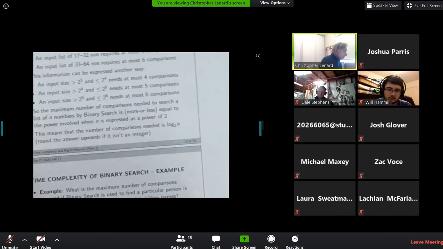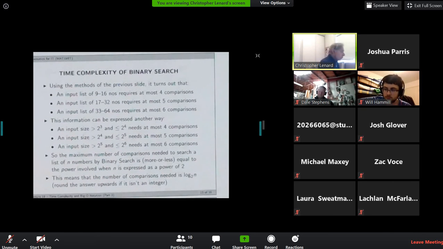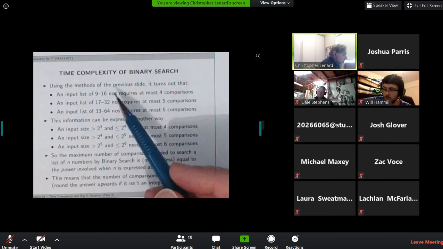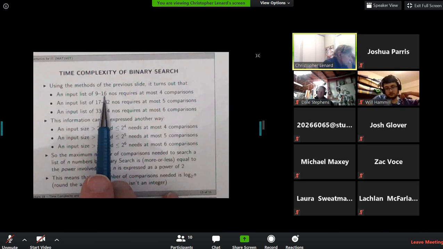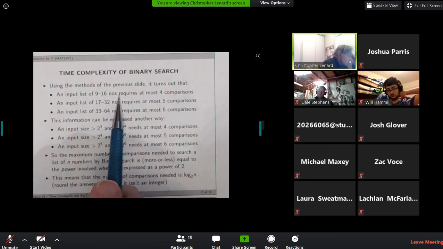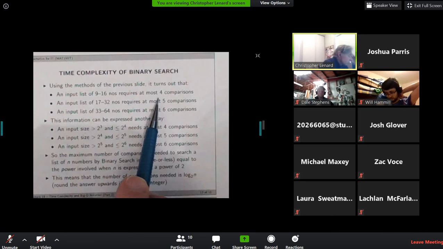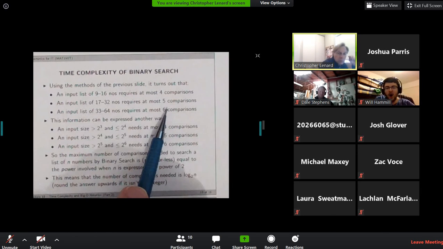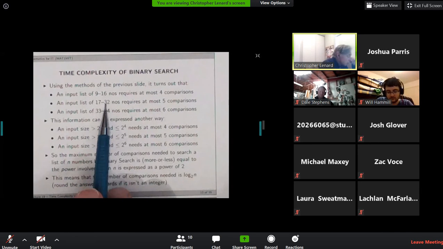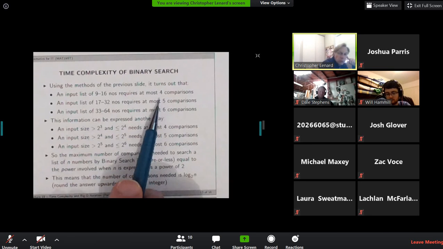Now, I won't go through all the details of it, but you could check this for yourself. If the size of your list is anything from 9 to 16 names or numbers, you'd need at most 4. From 17 to 32, you only need 1 more comparison. So if you double the size of the list, you only actually need 1 more comparison, effectively.